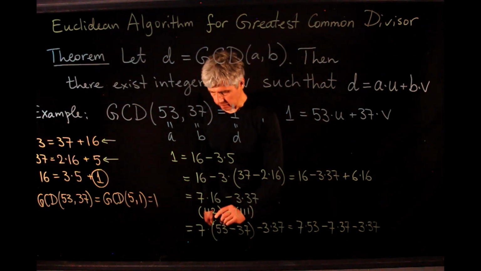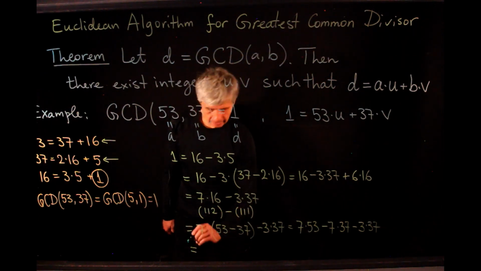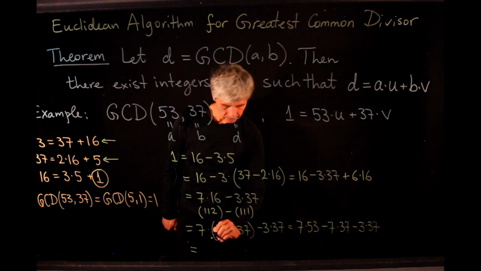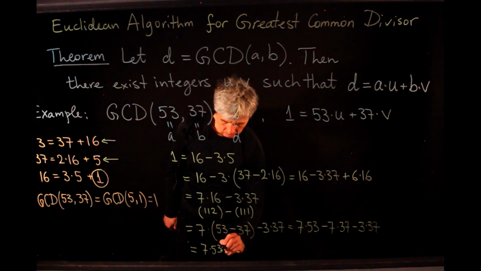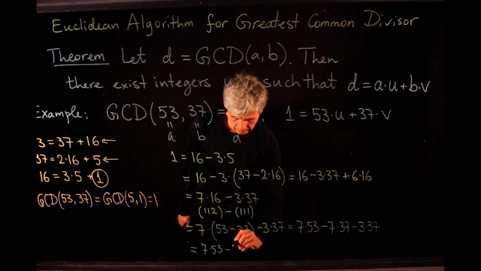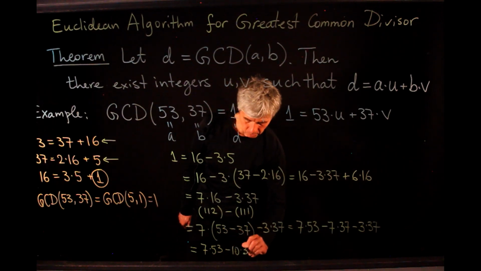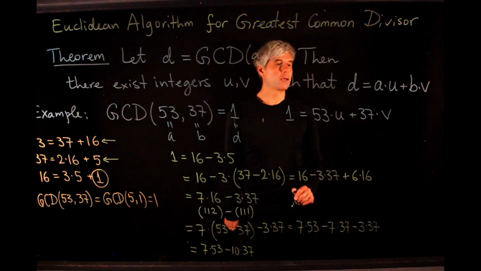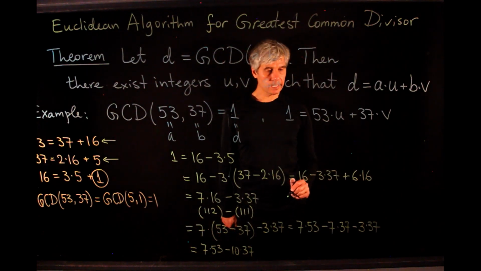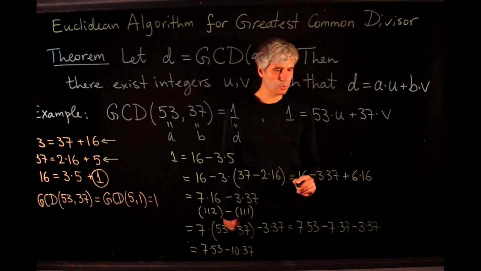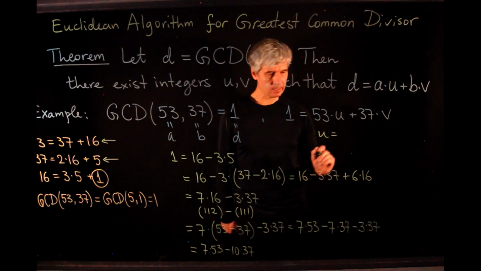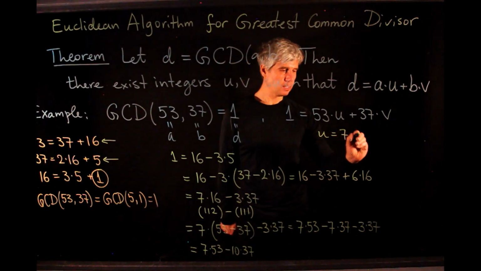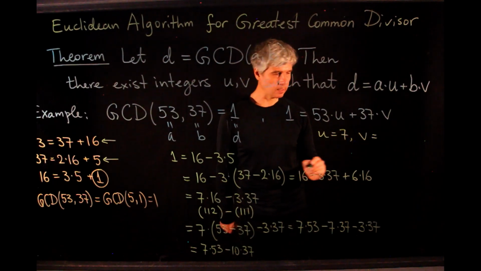So that becomes 7 times 53 minus 10 times 37. And this gives us the answer for the values of u and v. So u here can be taken as 7 and v can be taken as negative 10.